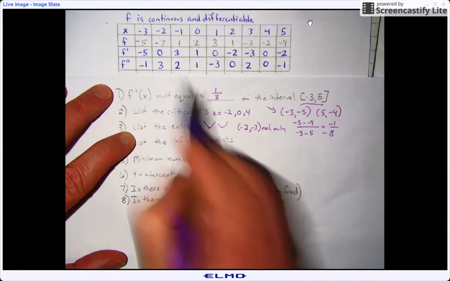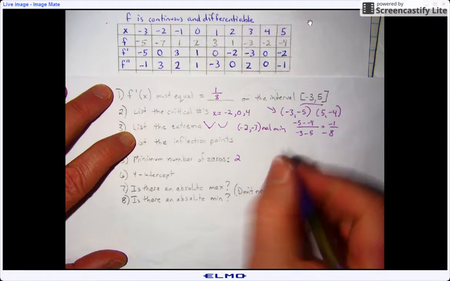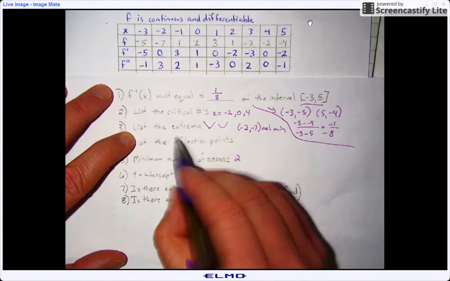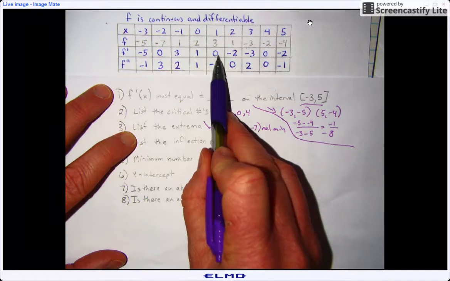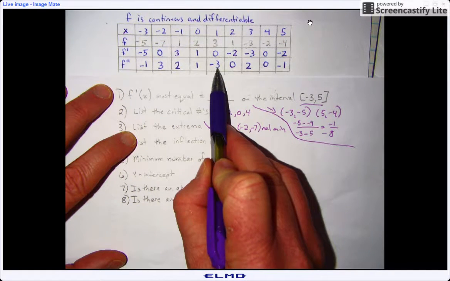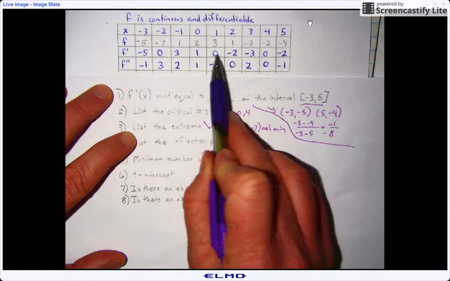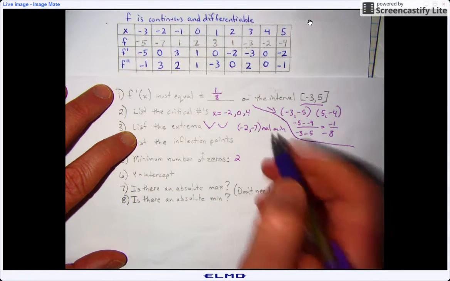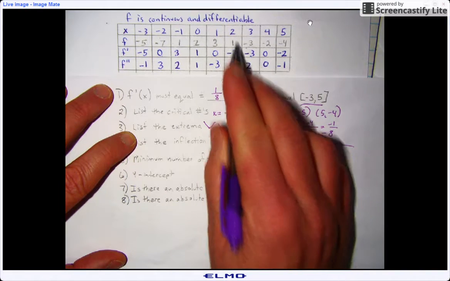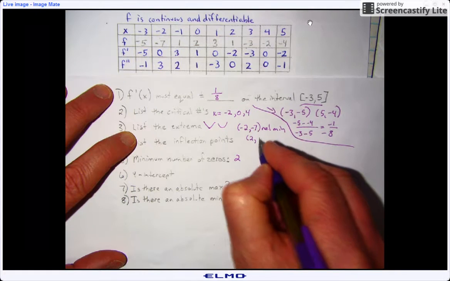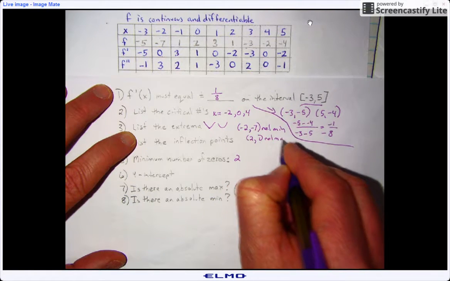Notice I went and put the coordinate back in, -2, -7. Sometimes it asks for the x, sometimes it asks for the whole coordinate. And then we go here, concave down, so it's a max. Also goes from positive to 0 to negative on the slope. So, we have a maximum at x equals 2. When x equals 2, y equals 1, we have a relative max.